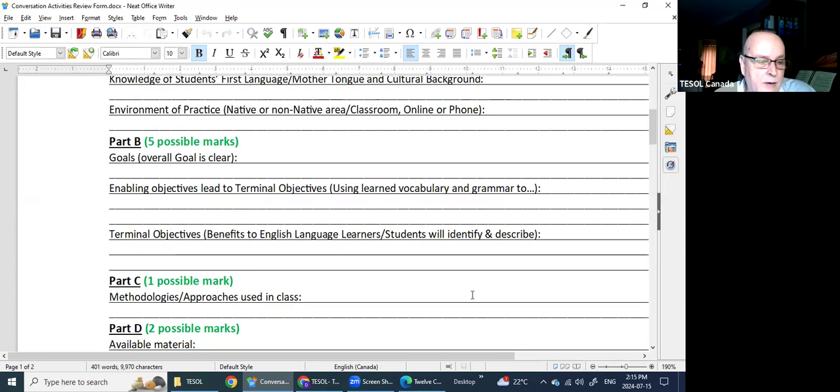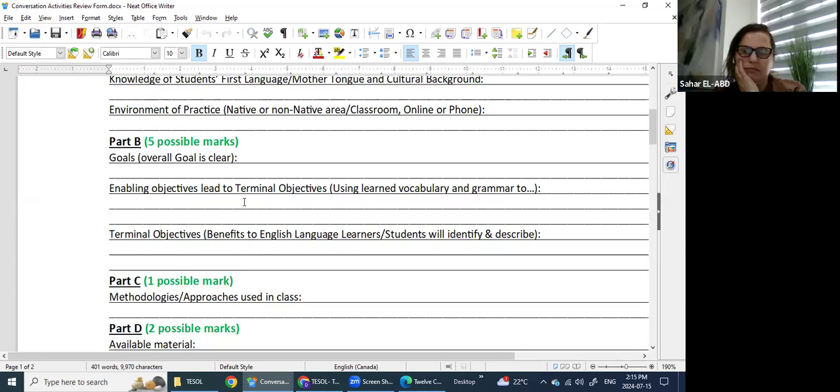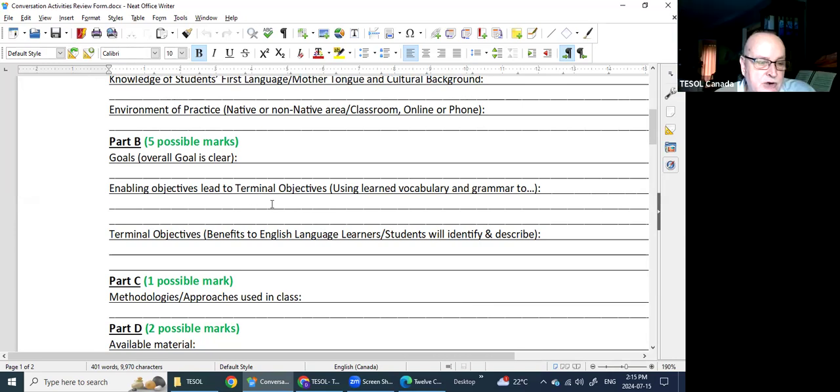Yeah. All right. So the enabling objectives lead to the terminal objectives. The enabling objectives are using learned vocabulary and grammar to achieve a terminal objective. So the enabling is in the process of how the student is learning.